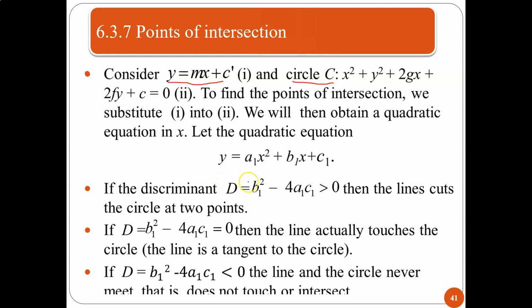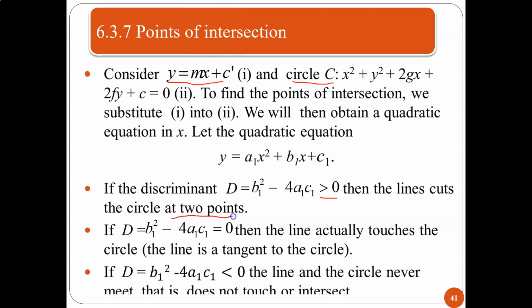This is the formula we use. Then the line cuts the circle at 2 points. For the circle chapter, in this case, if b squared minus 4ac is greater than 0, that means the line cuts the circle at 2 points.